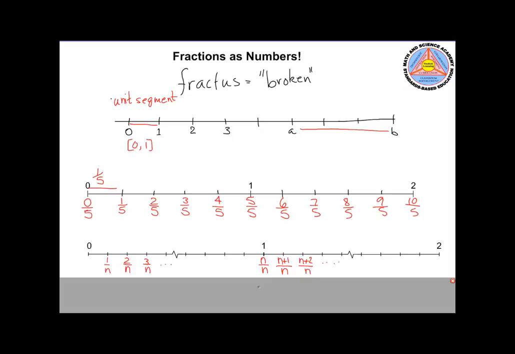And by the time I get to 2, I will have had n segments here and another n segments there. That's 2n segments, and each of those segments is a 1/n, so I'll have 2n/n segments by the time I get to there, and this would be another name for the number 2.